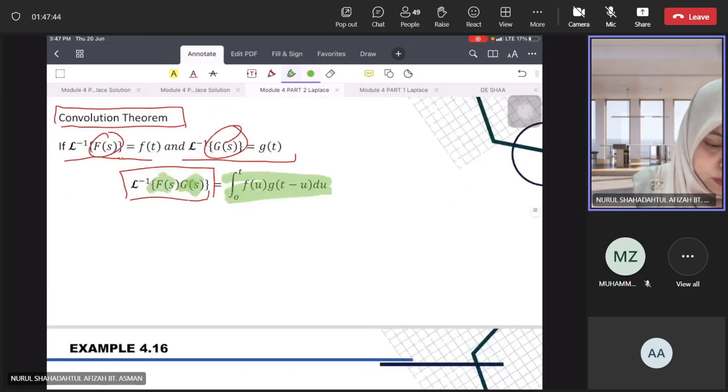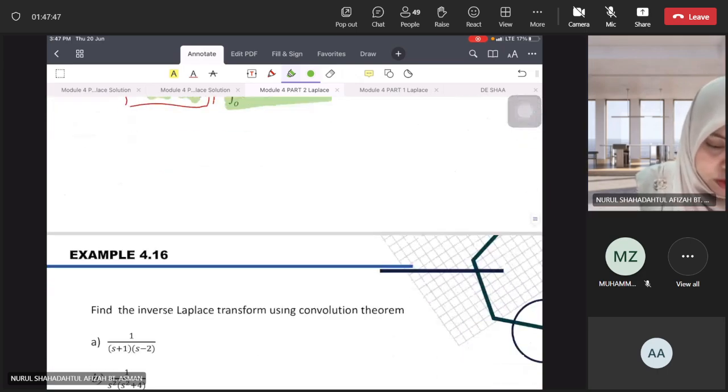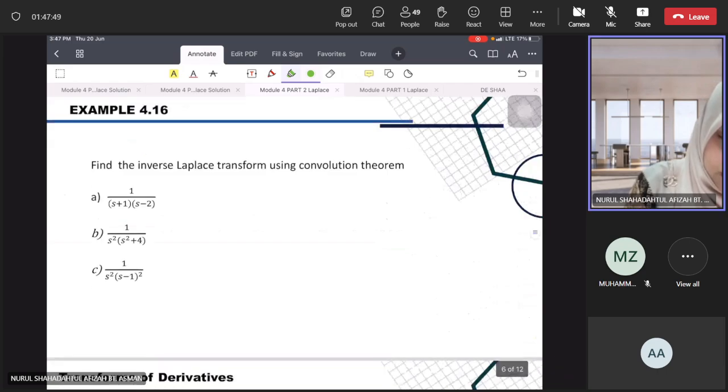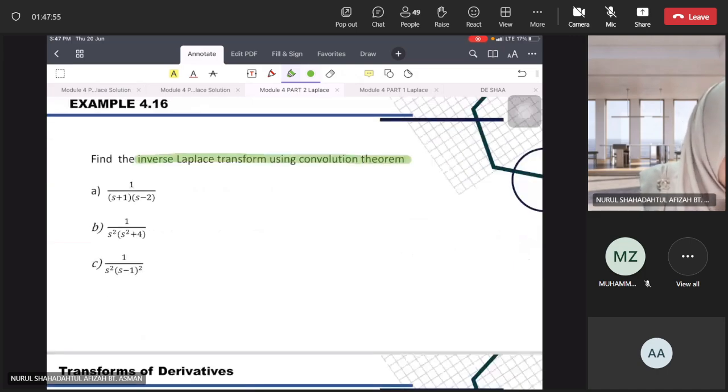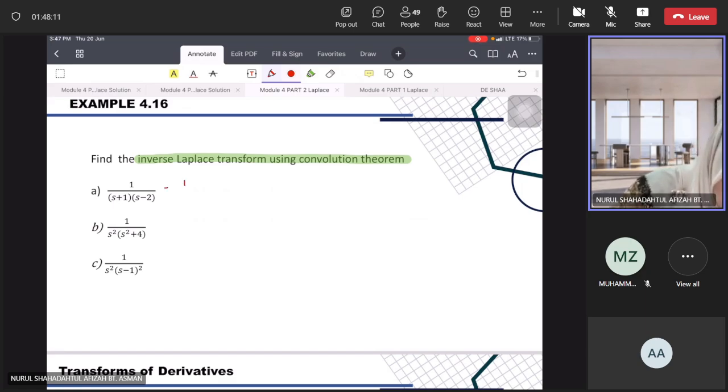So we try to do some examples for the inverse Laplace transform using the convolution theorem. For the first example, we try to separate this equation, which is the first one, 1 over s plus 1, and then times s minus 2.